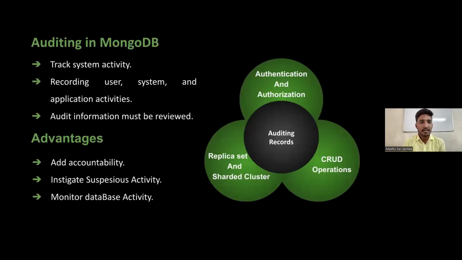Auditing is the most interesting concept in MongoDB, which tracks system activities, user authentication and authorization activities, CUD operations, and replica set and sharded cluster details. We need to review the data at regular time intervals. Then there are more advantages: it adds accountability, makes it easy to investigate any suspicious activity that has happened, and allows users to monitor the DB.